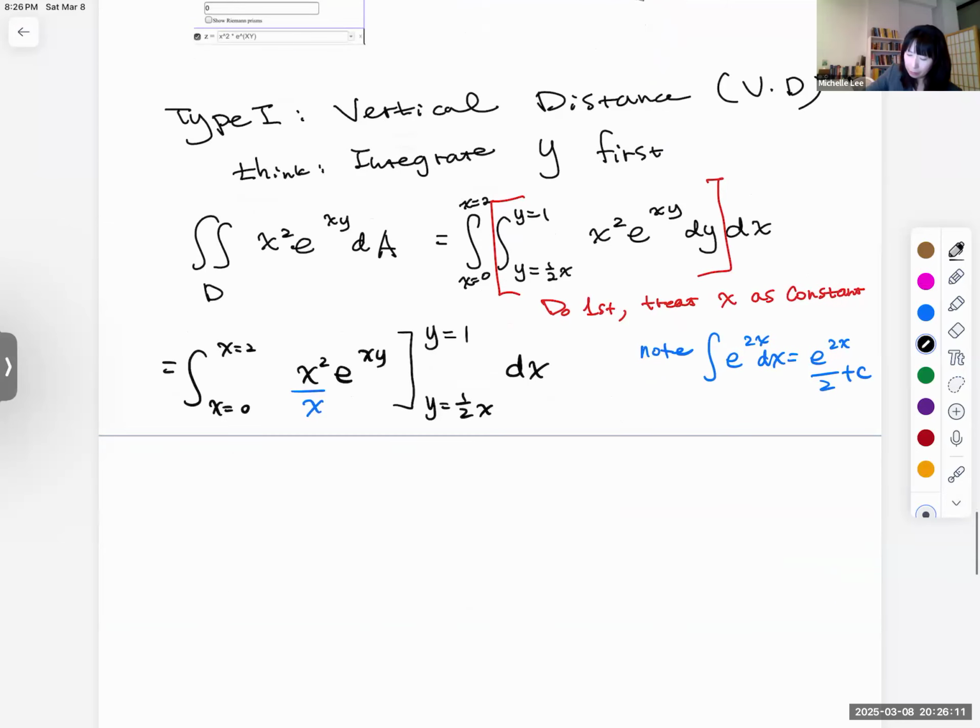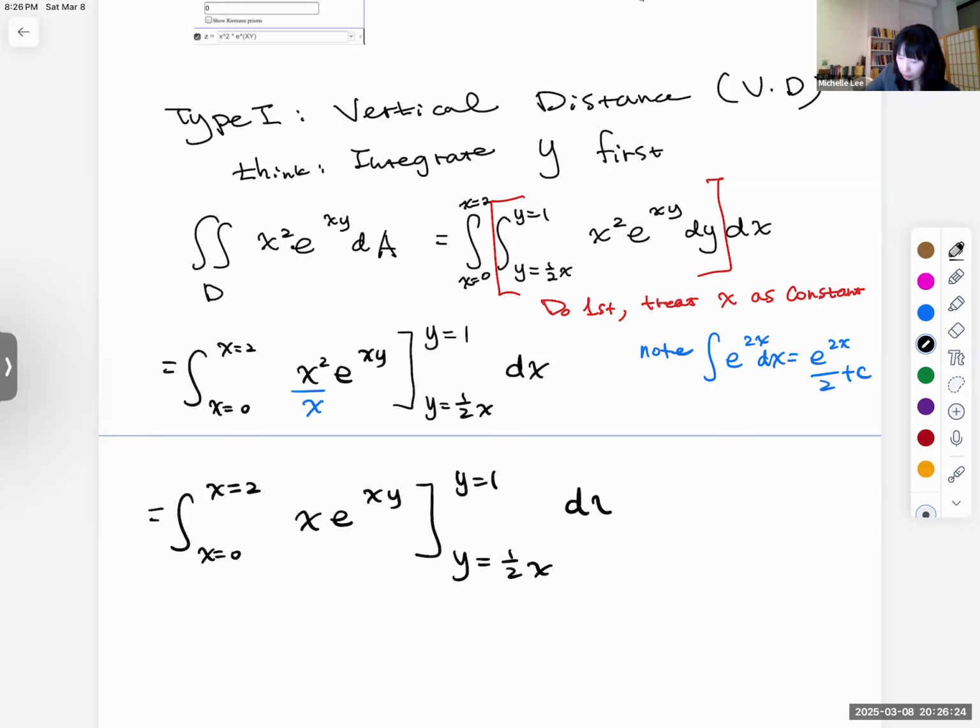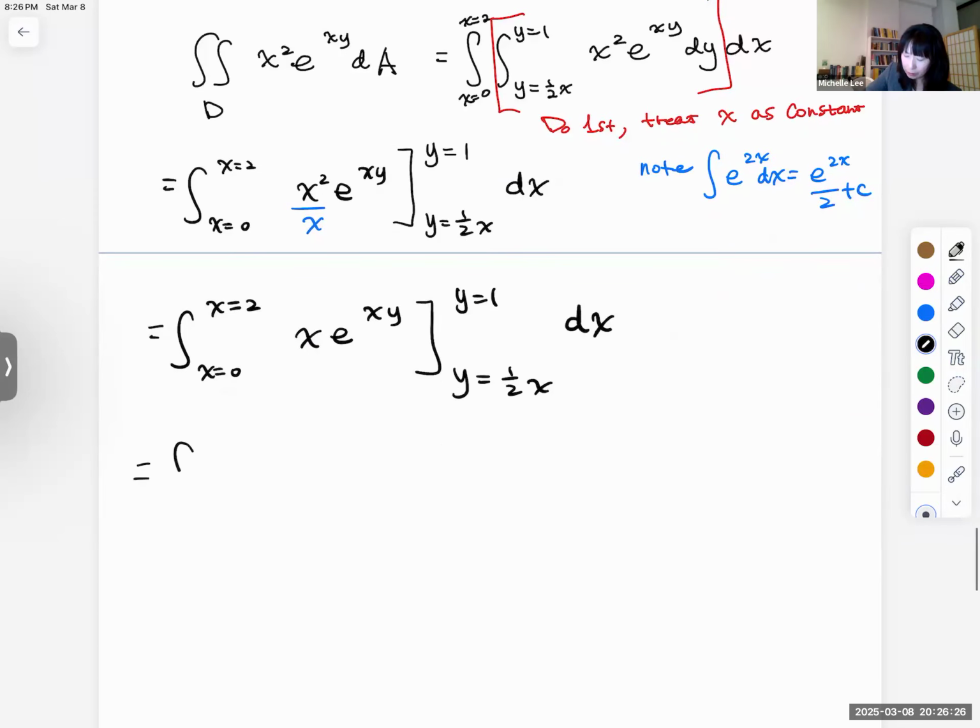So we will have the integral from x equal to 0 to 2. Then we have x e to the xy, y equal to 1/2 x, y equal to 1. Then evaluate into y, right?